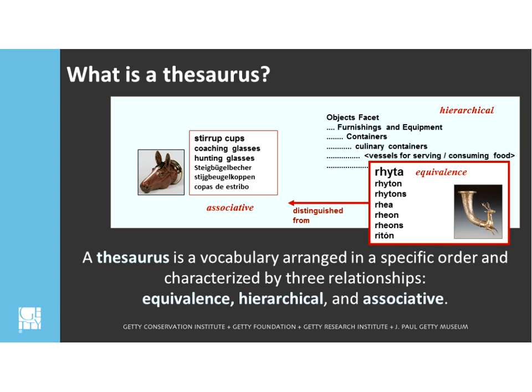And you see that here are the equivalent terms: coaching glasses, hunting glasses, copas de estribo in Spanish, and the Dutch and German terms. But the relationship between raita and stirrup cups is associative in the sense that they're similar but distinguished from one another.